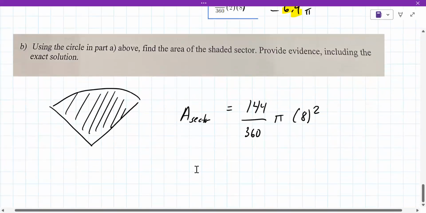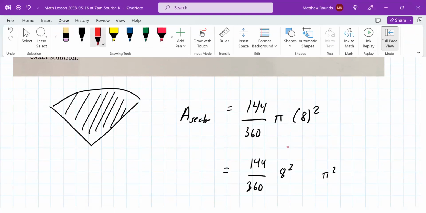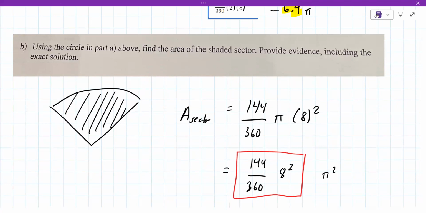Okay, so this time, Sourish, I want you to go to your calculator and put in just the part in red, please. $25.6.